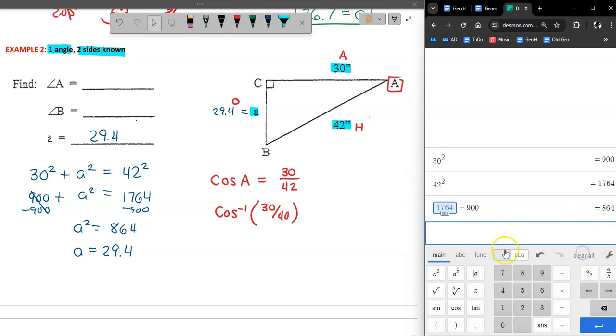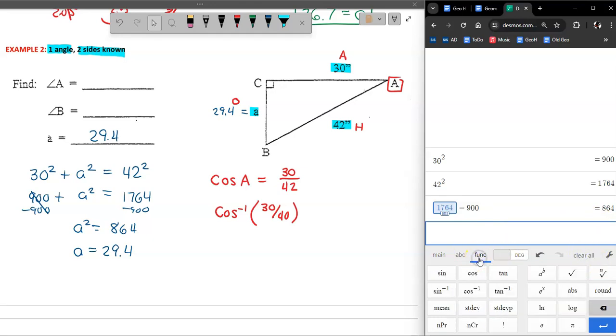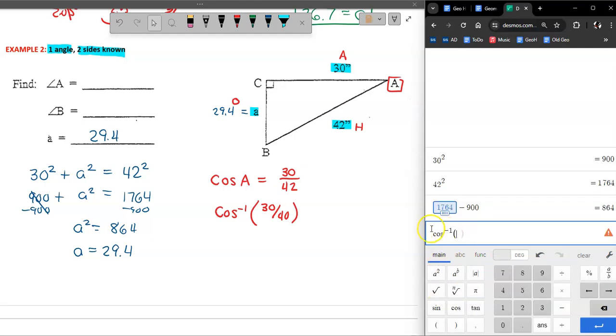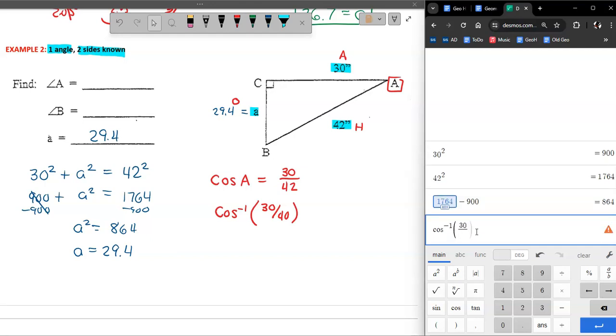I don't believe so. So let's go ahead and actually go under functions, and you can find it that way. And then we'll go back to main. So cosine -1, I think if you actually type in physically, I'll show you, if you type COS, and then the caret button, which is shift 6, -1, then you can go ahead and do the same thing. Whatever way works for you.